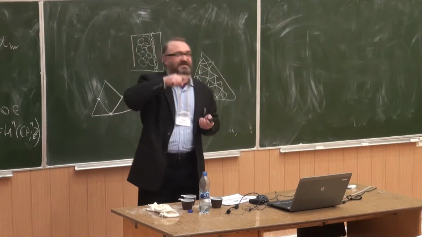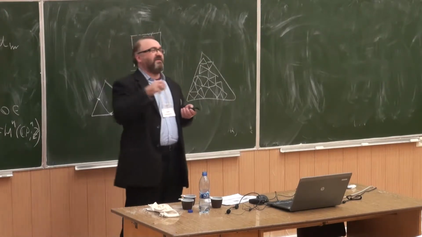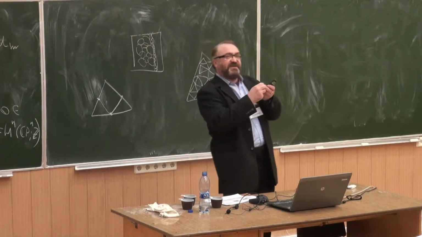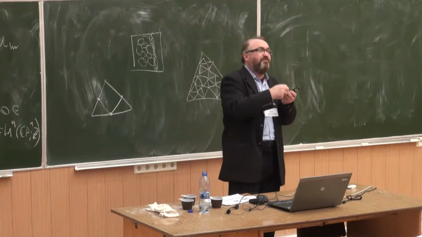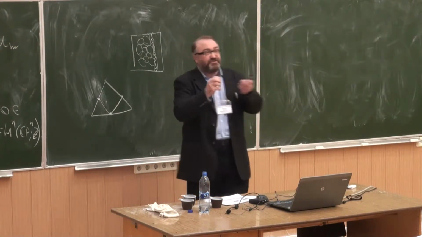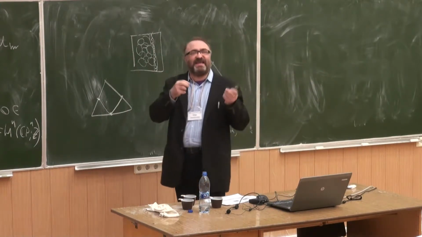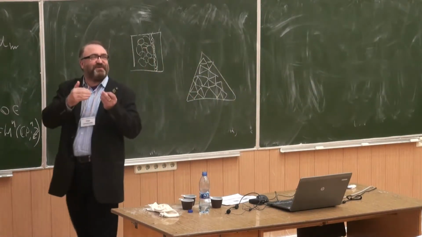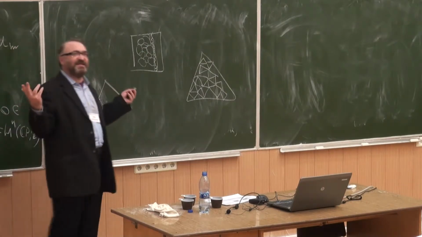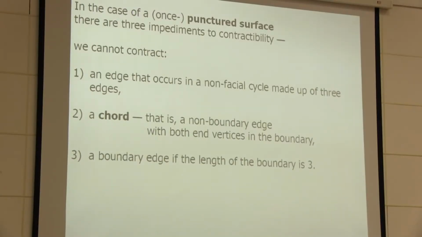You remember, in a once-punctured surface there is a hole. If there is an edge which doesn't belong to the boundary, but joins two boundary vertices, then you cannot contract this edge. Why? Because it will just change the topology of the underlying space. It's obvious.